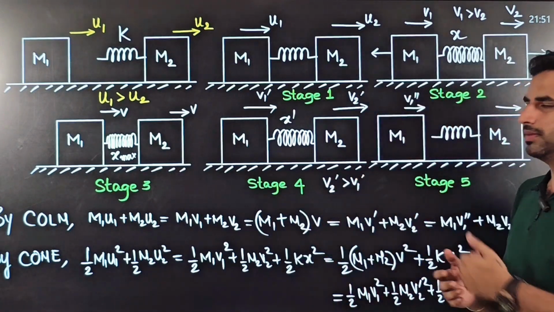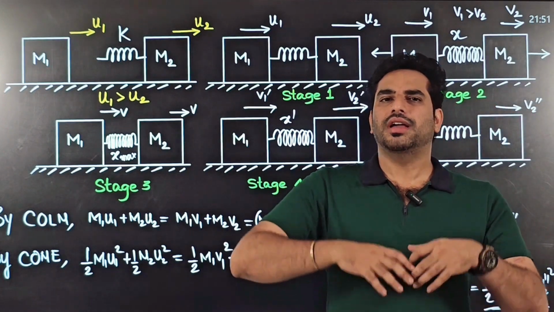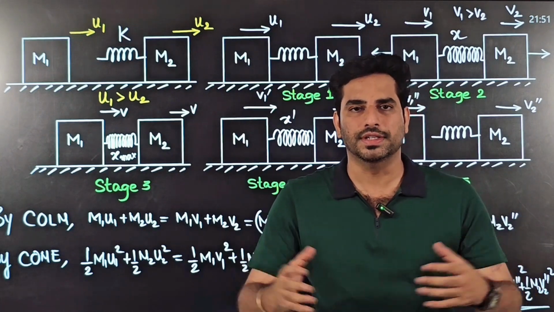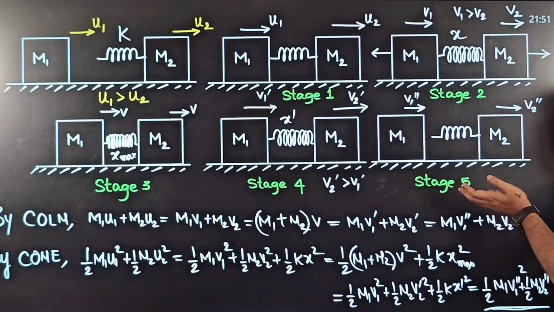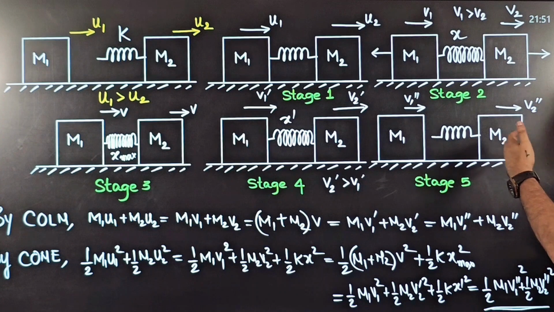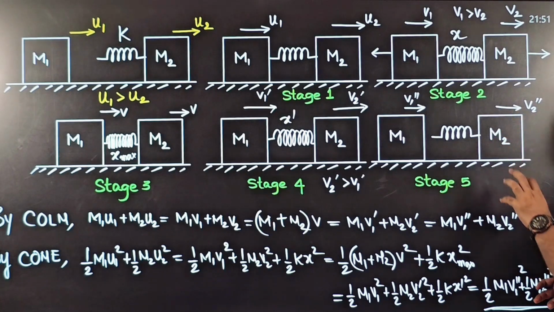Practically, this is what happens. And in any ideal situation, entire deformational energy is given back to the blocks. There is absolutely no loss of energy. That kind of collision ends at stage 5, which is known as perfectly elastic collision. In this example, this is perfectly elastic collision because we have considered an ideal spring. So we did not consider the mass of the spring.